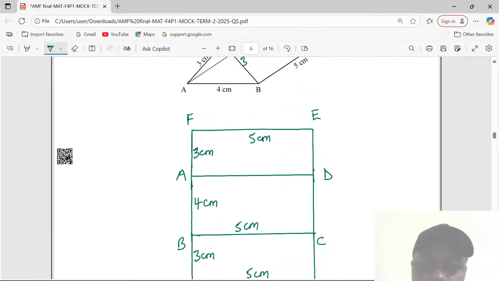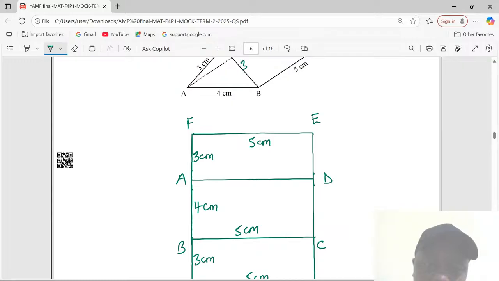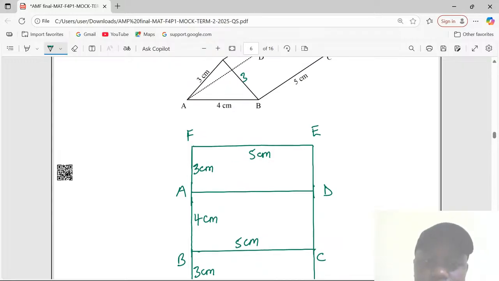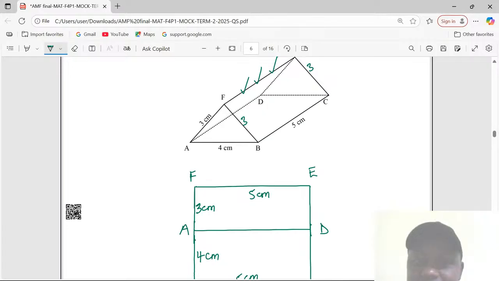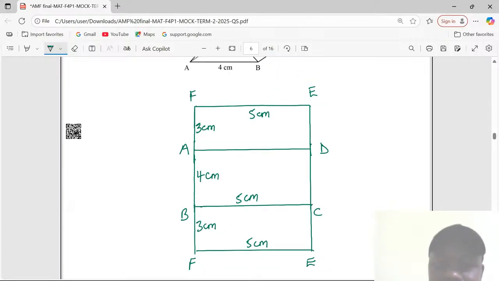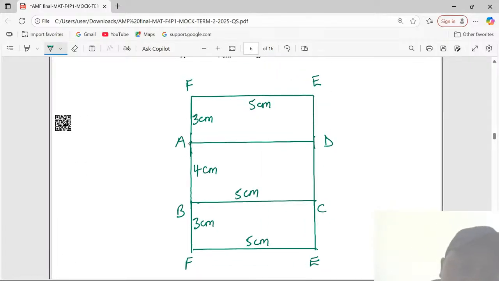Then, connected to AB is a triangle, and also connected to DC is a triangle. Therefore, I'm going to stand at A using 3 centimeters, make an arc, and standing at B, I cut that arc. Then I also stand at D, make an arc, and at C, I cut that arc.